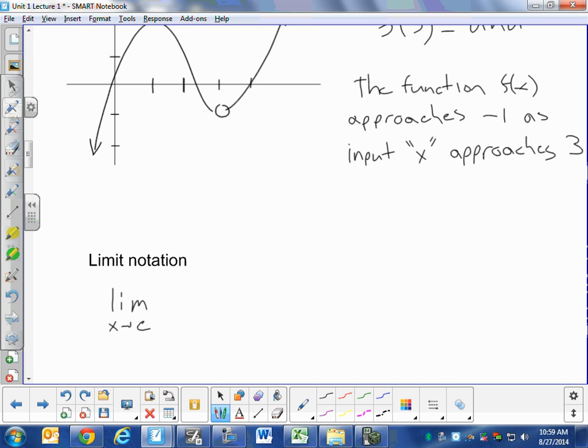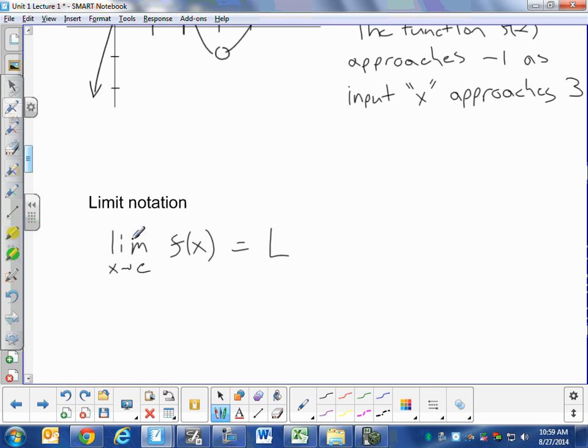It's usually a number, it doesn't have to be a c, so it's the limit as x approaches some number of whatever my function is. It could be an equation in there, it could be f of x, g of x, h of x. That's equal to some other number. We'll signify it by L. This reads, the limit as x approaches c of f of x is L.